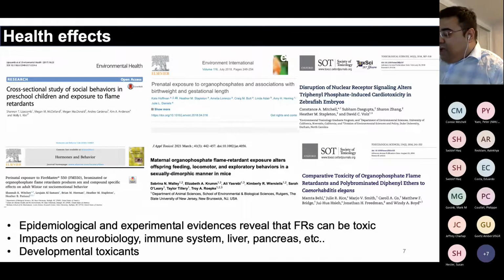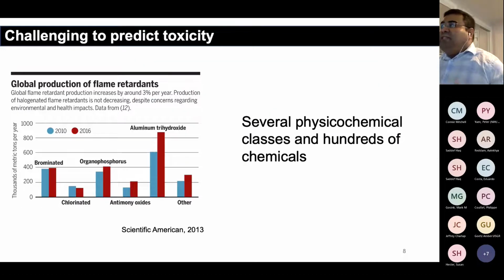However, the challenge with studying flame retardants is that flame retardants do not belong to one class of chemicals, but belong to several different physicochemical classes, as you see here, consisting of many compounds per class. And many of these chemicals are manufactured in several thousands of metric tons per year and used in end-use products.